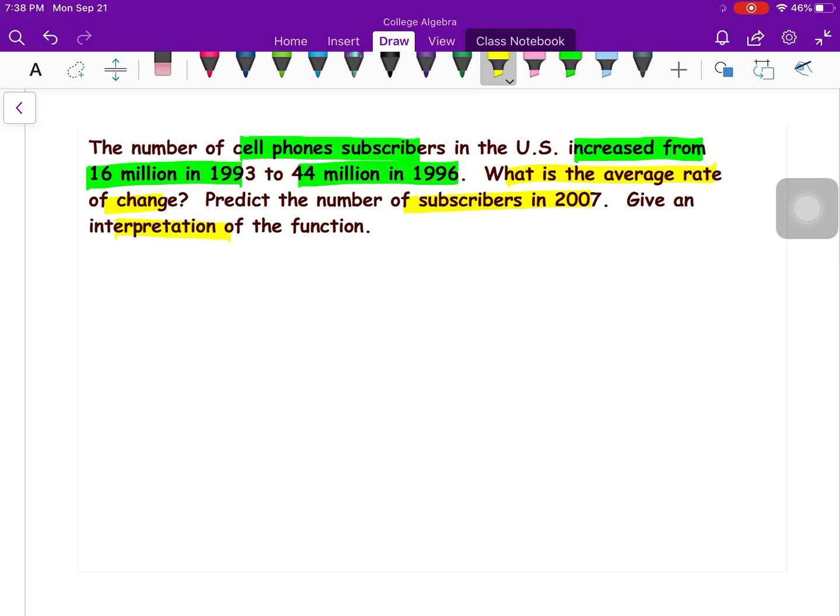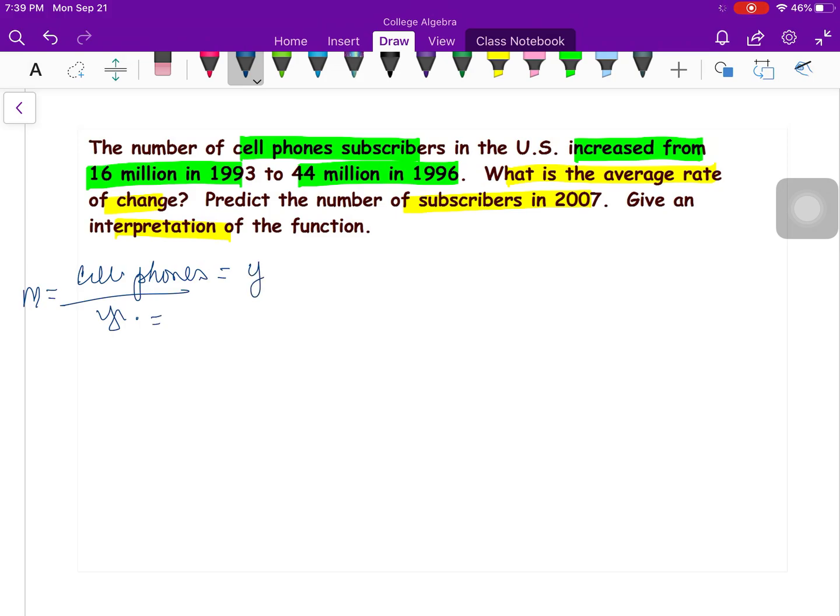So 3 things. First, I need to determine what is x and what is y. Would we say cell phone subscribers per year or years per subscriber? We'd say cell phones per year. So this will be my slope.